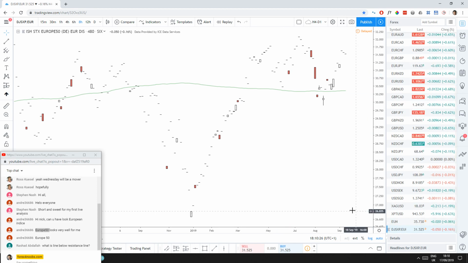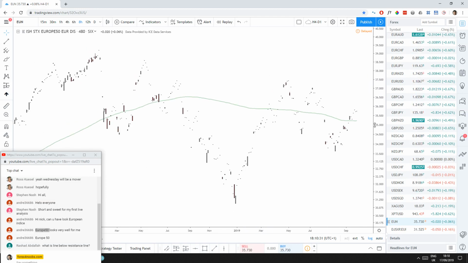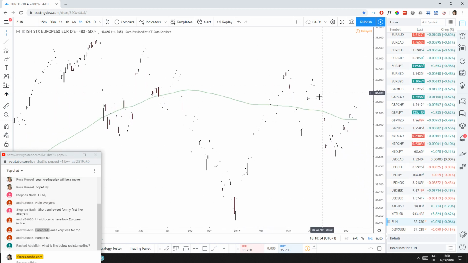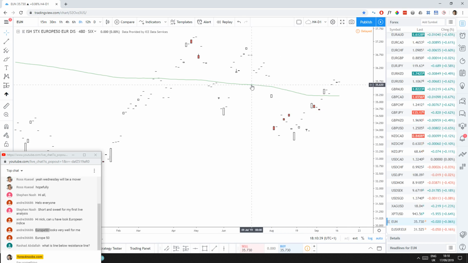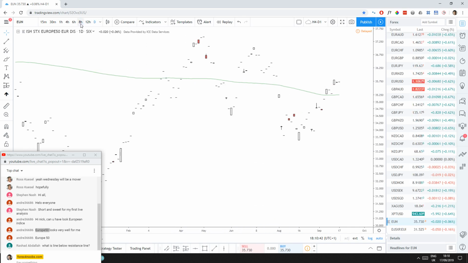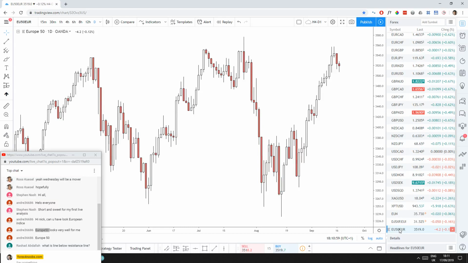Hmm. I don't know if I'm looking at the correct thing, but I don't really see much here. Maybe this is it. When I say the ticker symbol, I mean this thing that appears here. So is it EU50 EUR?